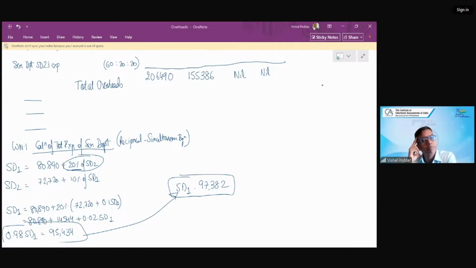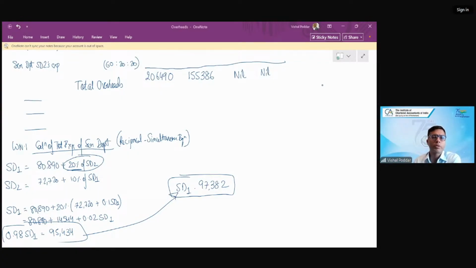Minu Kumari beta, please check. You say you are getting 89961. Please check, Minu. I have already done the solving on the screen. What is different? Let me know.